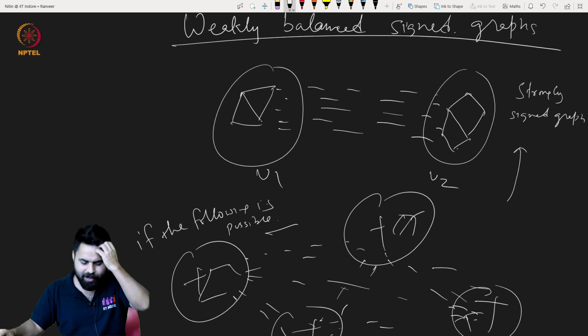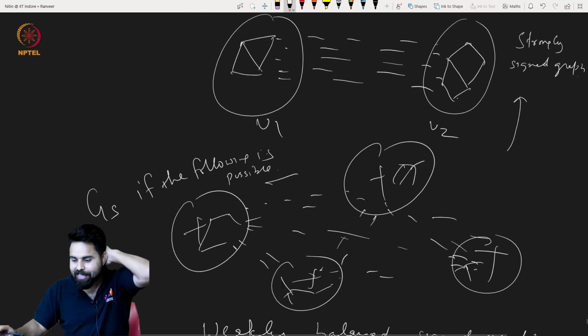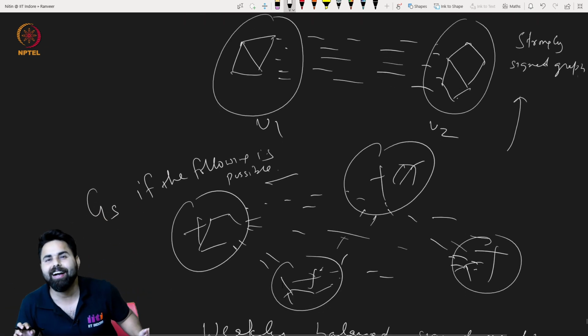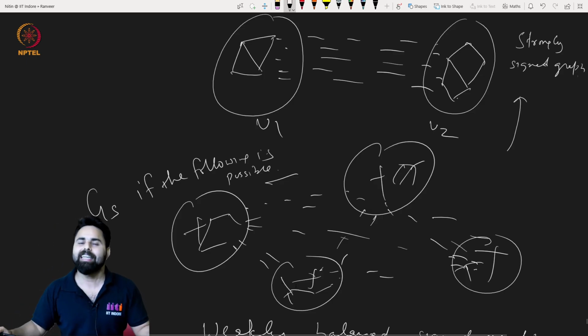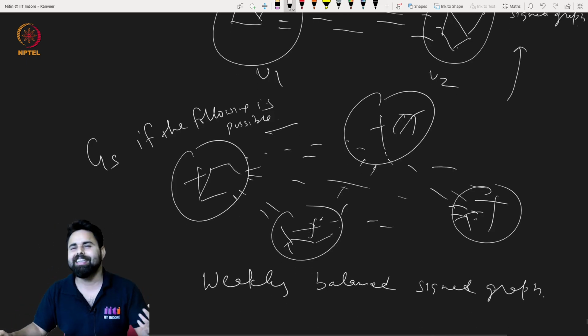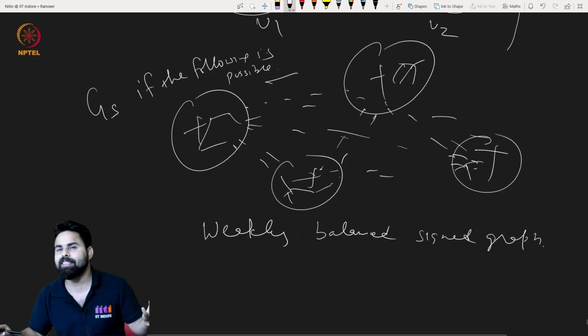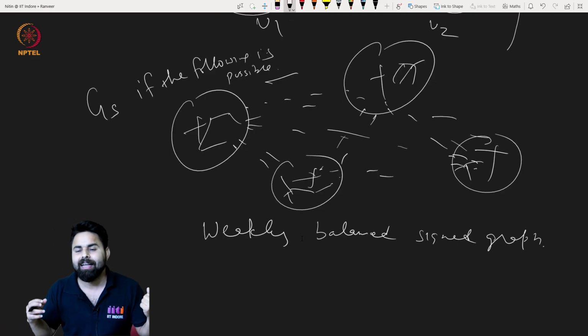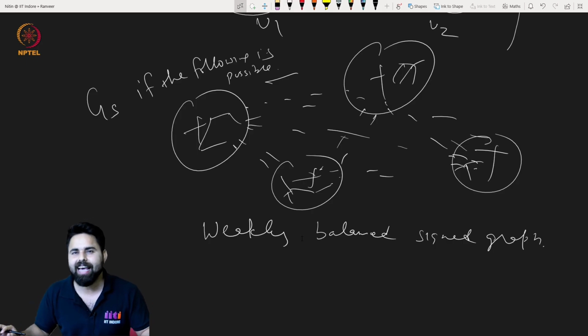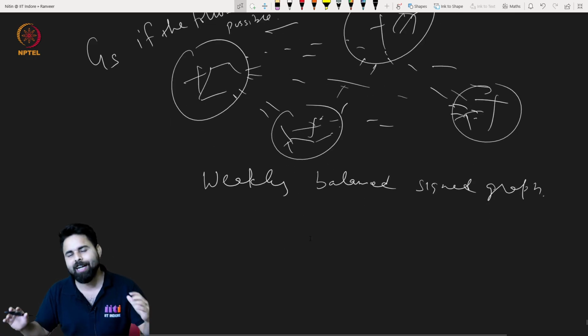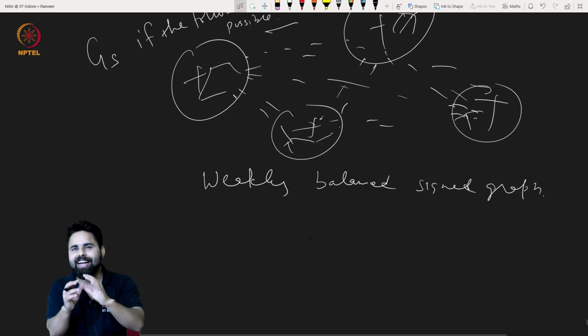Very good. But is there a characterization using eigenvalues for strongly balanced signed graphs? This is again a challenging question, but in terms of the structure, in terms of the number of negative edges in your cycles, we can have a characterization. Let me write it; think about why it is true.